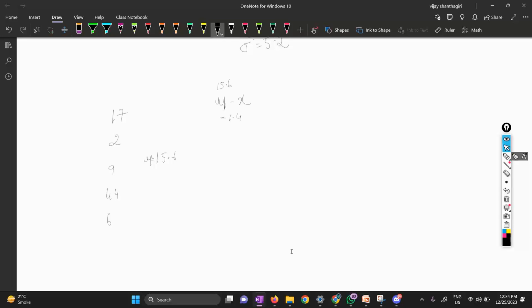Next. 15.6 minus 2, 13.6. Next. 15.6 minus 9, 6.6.